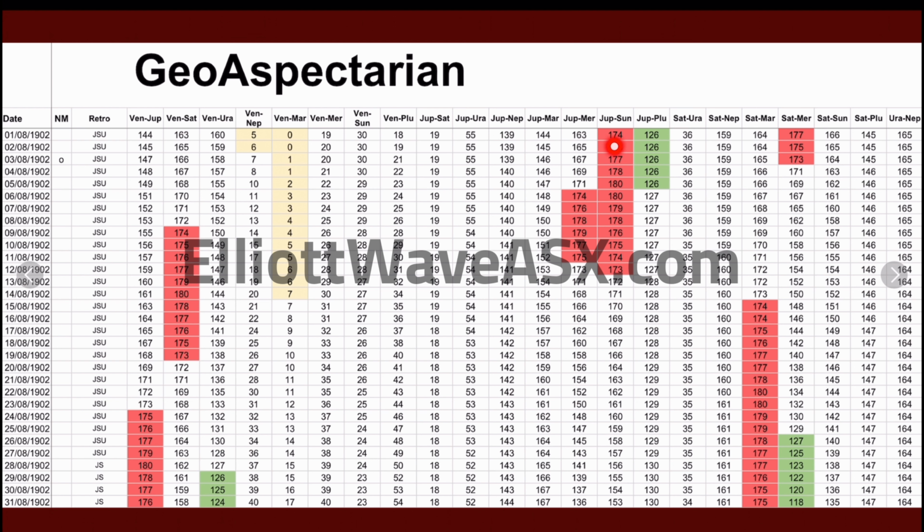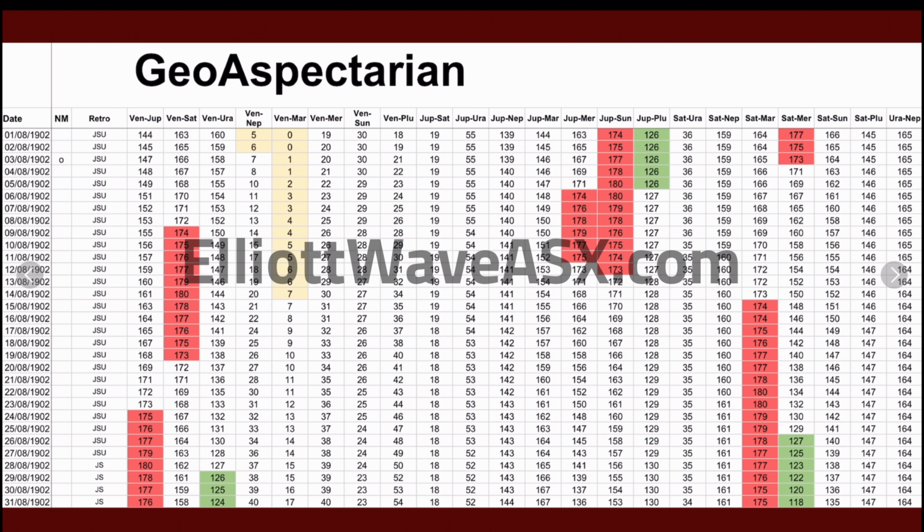We see here that Jupiter and the Sun were at 174 degrees, and that's within 6 degrees of 180, which is an important negative aspect, or considered negative, so that's why it's highlighted red. We've got Jupiter and Pluto in a trine, which is 120 degrees, so it is within a 6 degree orb, that's why it's highlighted in green. And we've got Saturn and Mercury opposite.